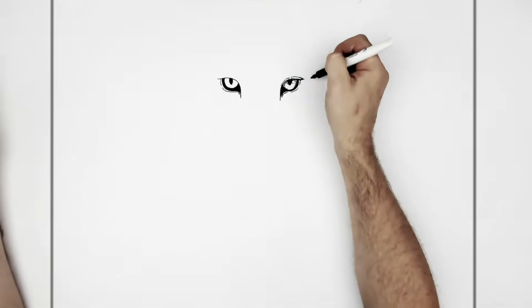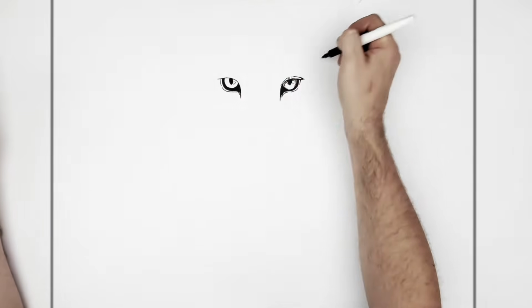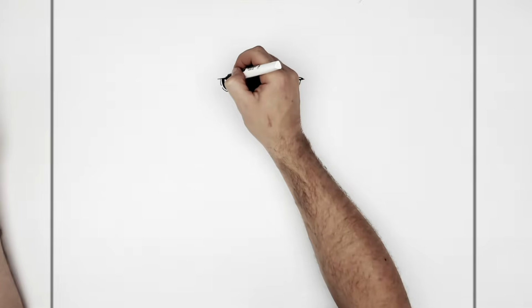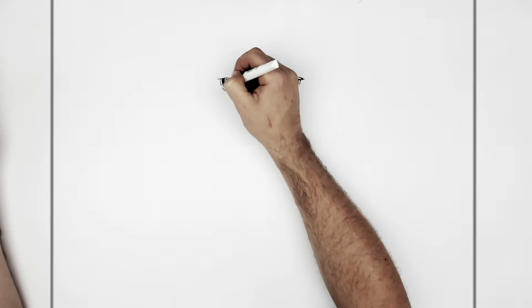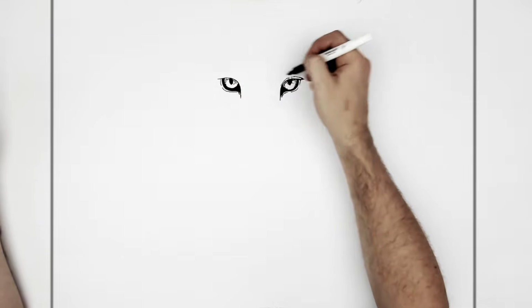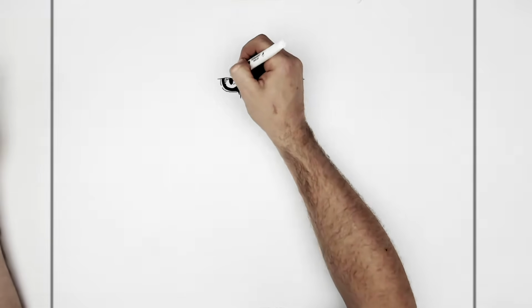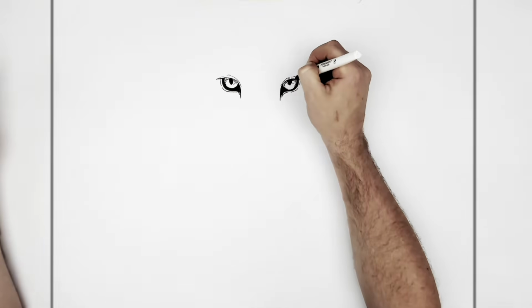And then we'll do the highlight again, and it's useful to do it on the same side if the light is coming from this way, you know. And again, we can do this as sort of eyelashes, kind of.